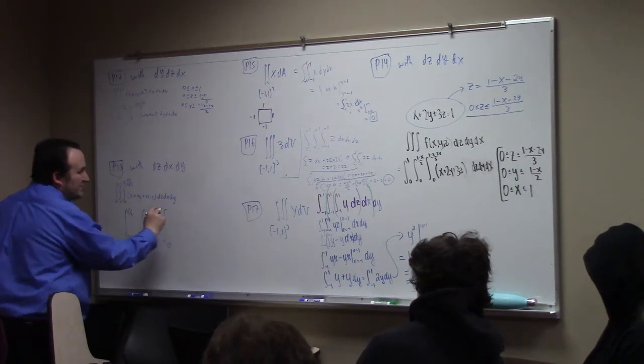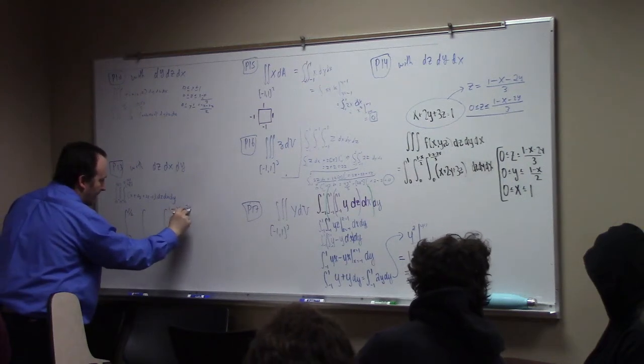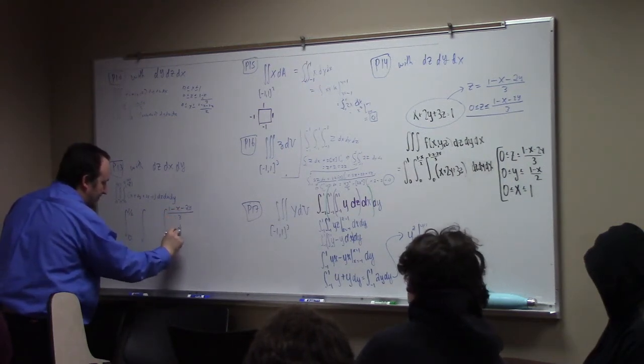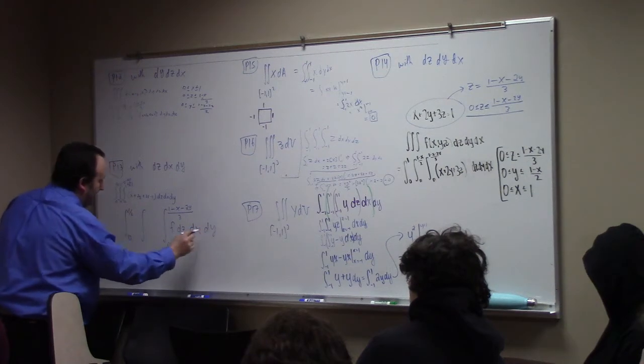So 0 to, what was it, (1 minus x minus 2y) over 3. So that's my dz bound like that. I got my f. And so next comes dx and then dy.